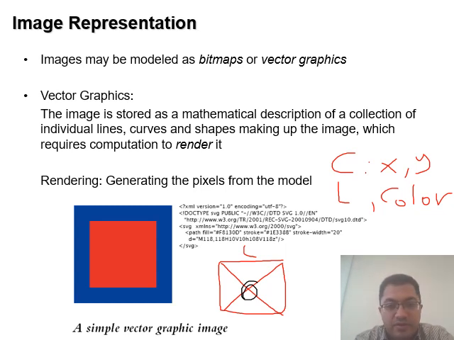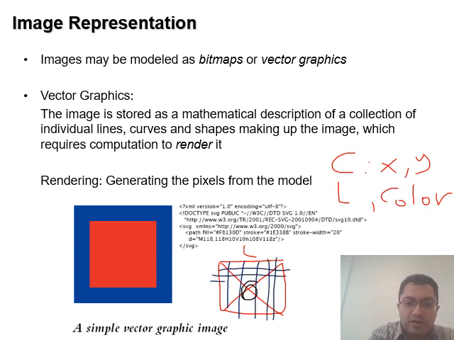Okay, so if you think about this, how many values do you need to store? We need to store x, y, L, and color. Only 4 values, right? Whereas if you map this square to a two-dimensional array, let me draw this here. Let's assume this is how the square looks as a two-dimensional array.